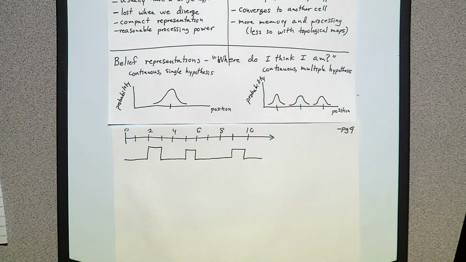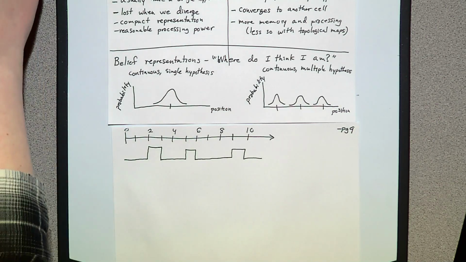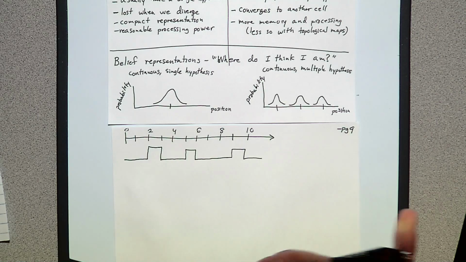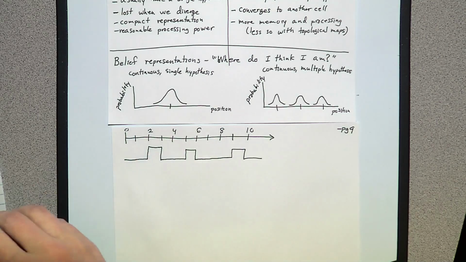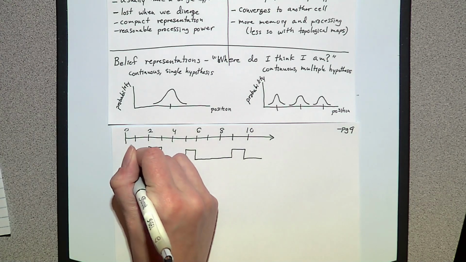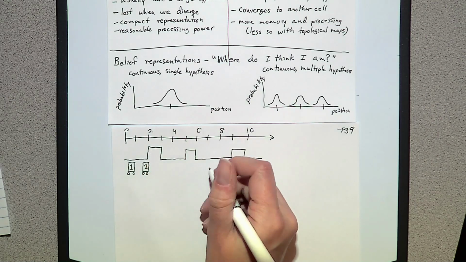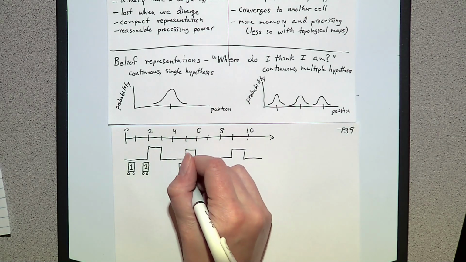And we're going to say that our robot here starts off at wherever our initial position is, and then we're going to say this is 2, and this is position 3.